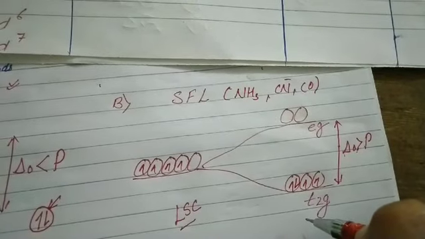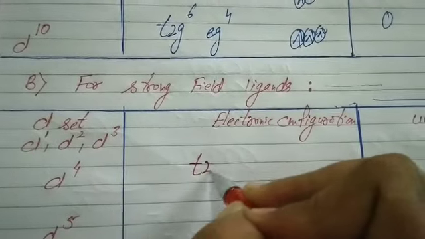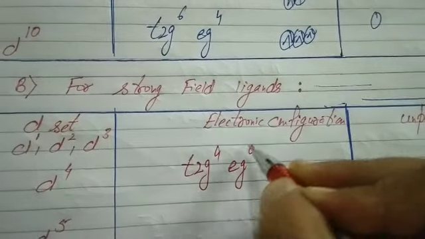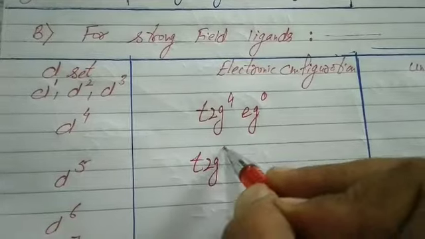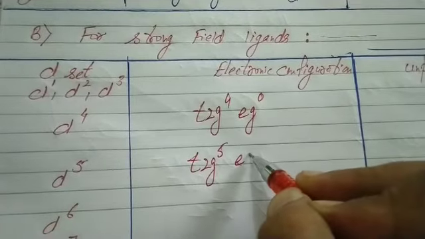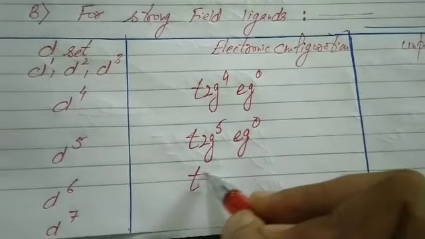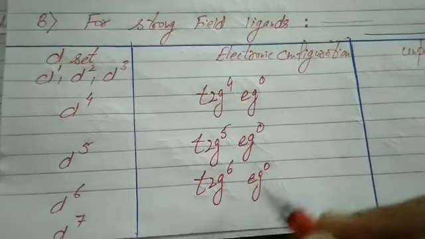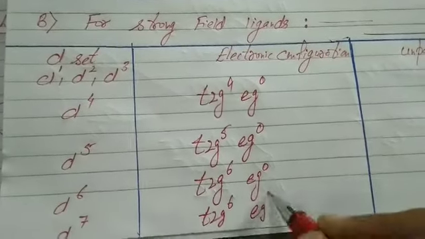The possible configuration for d4 is t2g4 eg0. In the same way for 5, t2g5 eg0. eg will remain 0 for strong field until t2g is fully filled, that is it becomes t2g6 eg0. Now 7 electrons, t2g6 eg1.